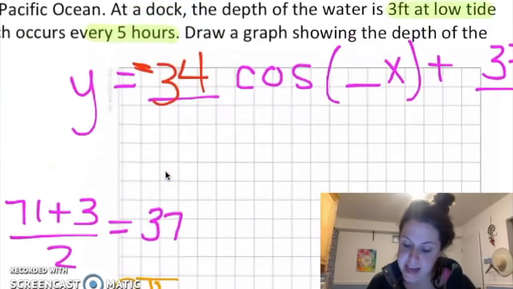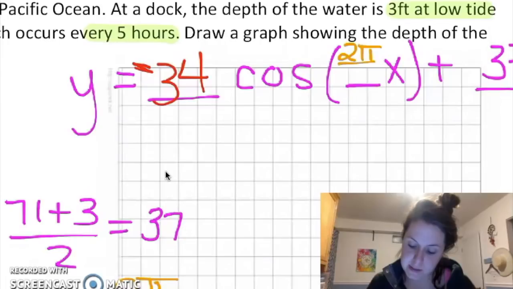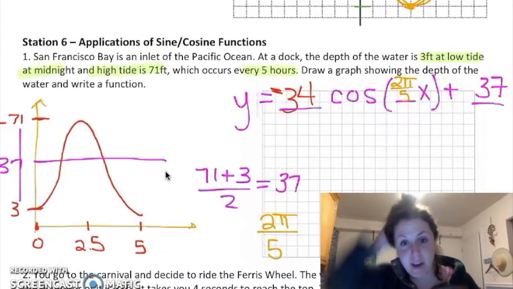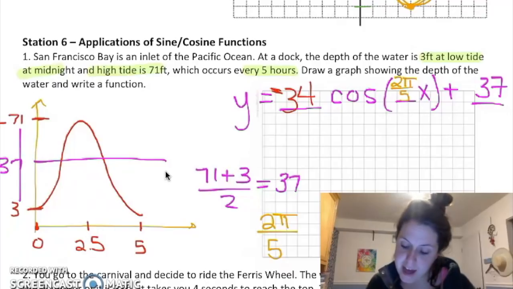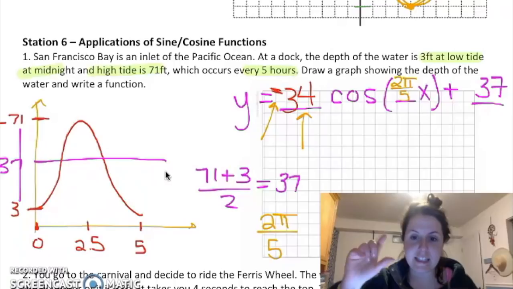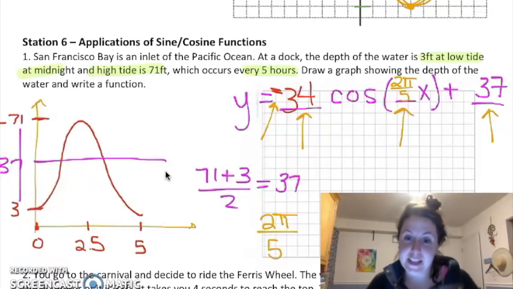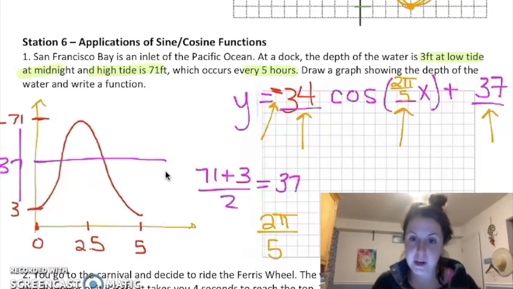And I can't reduce that, so that is your B value. So that's what I have there. There's my graph. And then I've got negative because it starts at its minimum, 34 because that's the distance from the middle to the top, 37 because that's your midline, and 2 pi over 5 because that's 2 pi over the period of the whole thing.